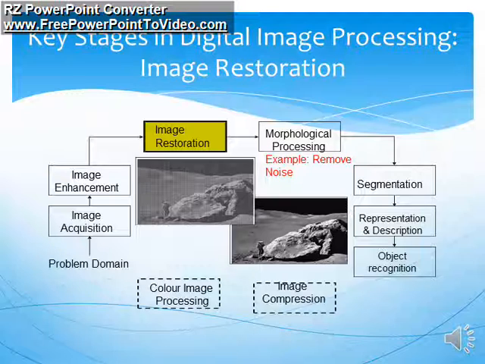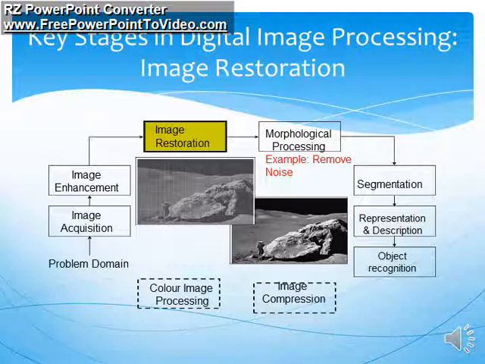The aim of image enhancement technique is to upgrade the quality of the image. Then the image restoration comes. We have also discussed in the previous class what is the basic difference between the image enhancement process and the image restoration process.